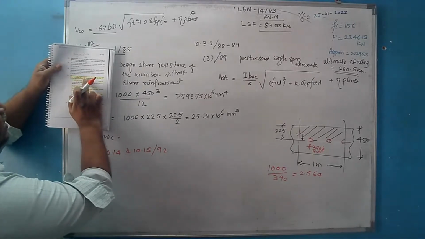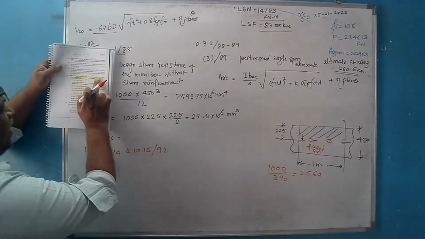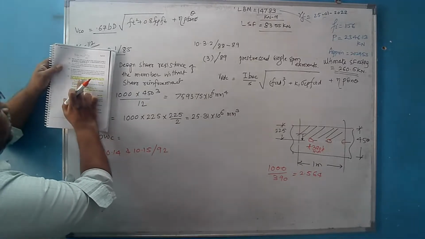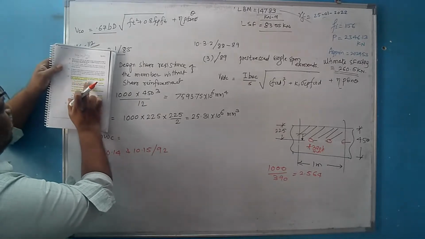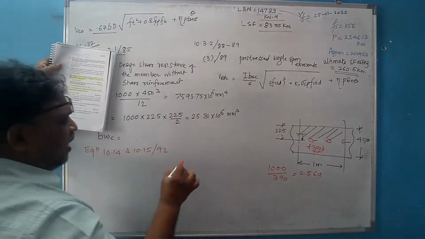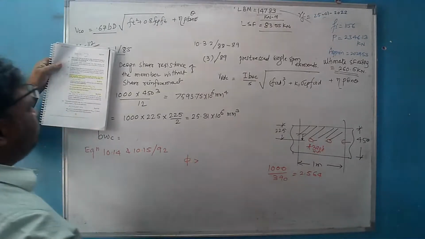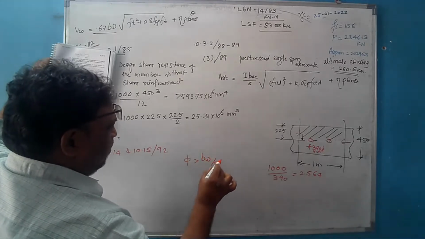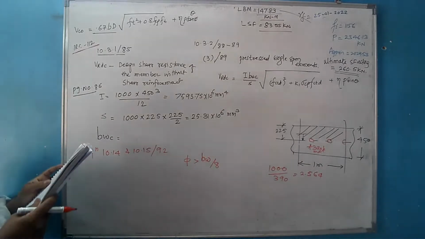where the web containing the grouted duct with diameter phi, that should be greater than BW by 8, the shear resistance VRD max should be calculated on the basis of the nominal web thickness given by। अगर phi का वैल्यू ग्रेटर देन BW by 8 है तो हमको डिडक्शन कंसीडर करना है, राइट?